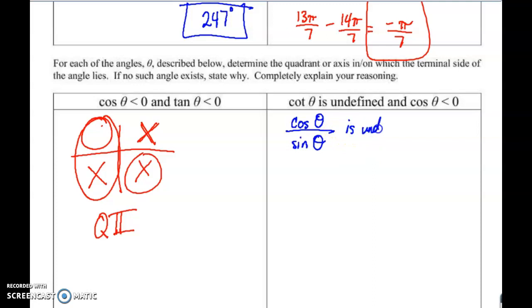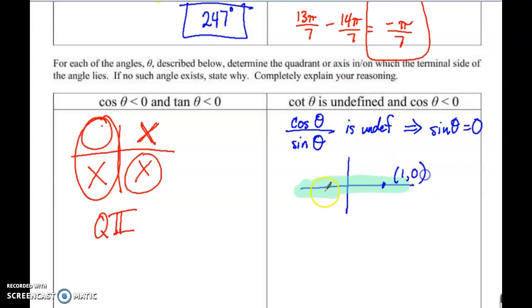Undefined implies that sine is equal to 0. Well, let's look at where sine equals 0. Let's use a highlighter. Sine is 0 on the positive x-axis and negative x-axis. If you need a reminder, it's because this ordered pair is 1, 0. Sine is the y-coordinate. Negative 1, 0.